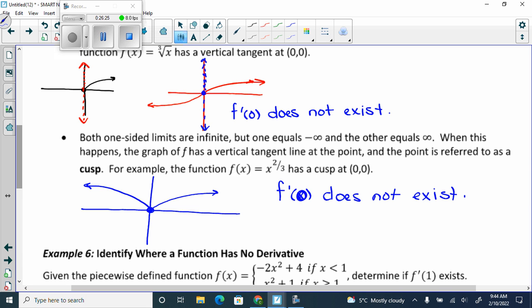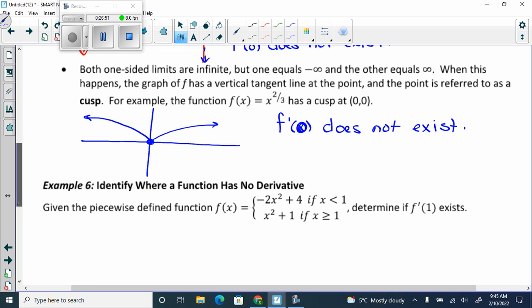Now some people will ask, what happens if there is an actual vertical asymptote in the original graph? Then your graph's not continuous, therefore it's not differentiable there. Wherever it's not continuous, that immediately makes it not differentiable. I don't care about cusps, points, curves, or vertical asymptotes. The moment the graph is not continuous there, it can't be differentiable.